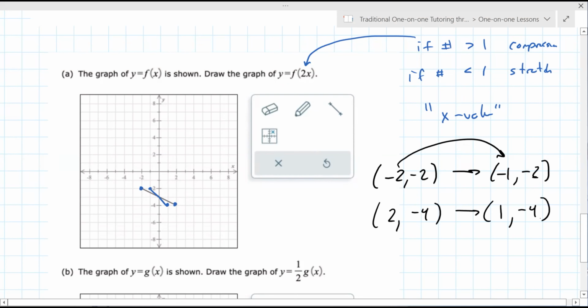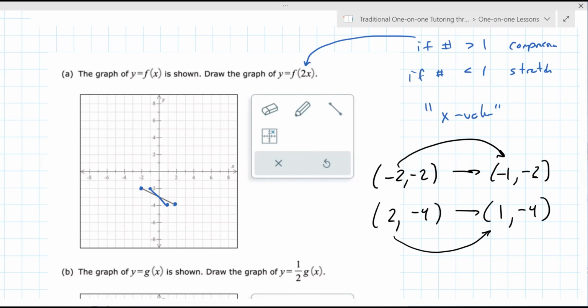Gotcha. Yeah, I like to write down the points so I know I won't mess it up. That's good. No partial credit on these.